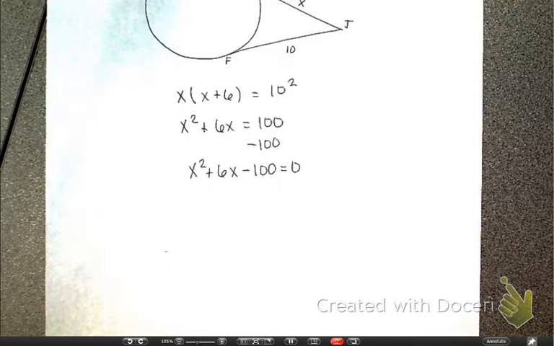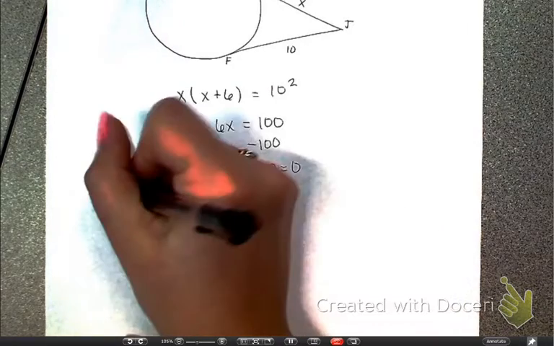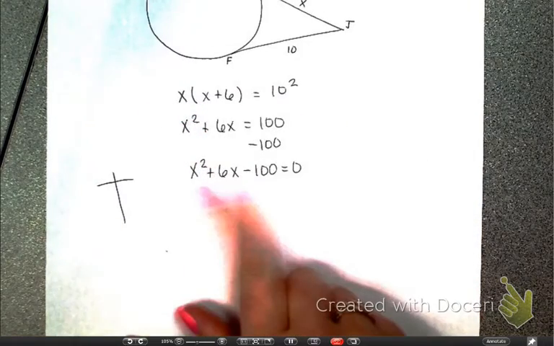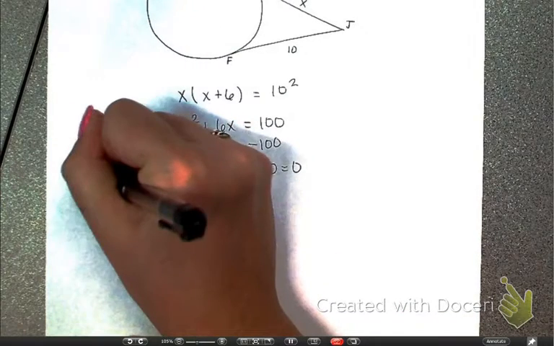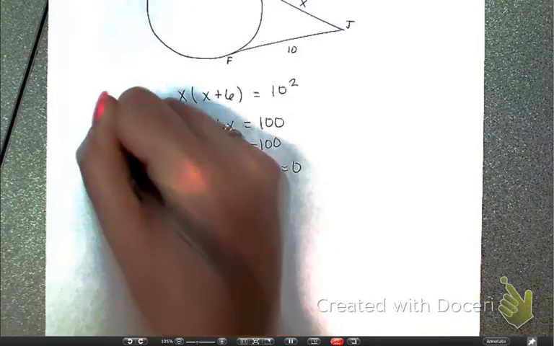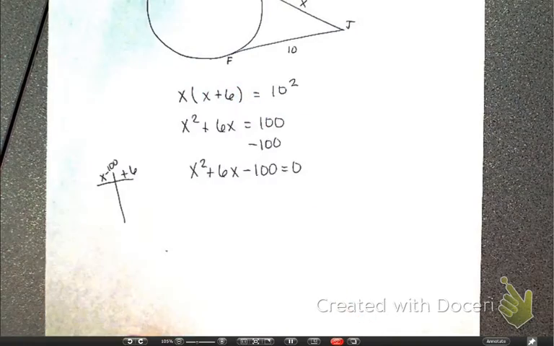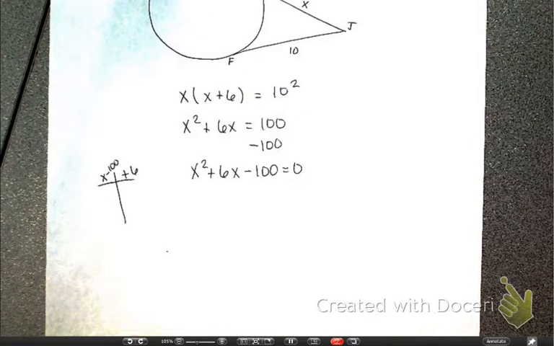We can factor. Okay, so let's think about this for a second. So factoring, we can use our t-chart, right? So what two numbers multiply to negative 100 and add to 6? I see our brains thinking.